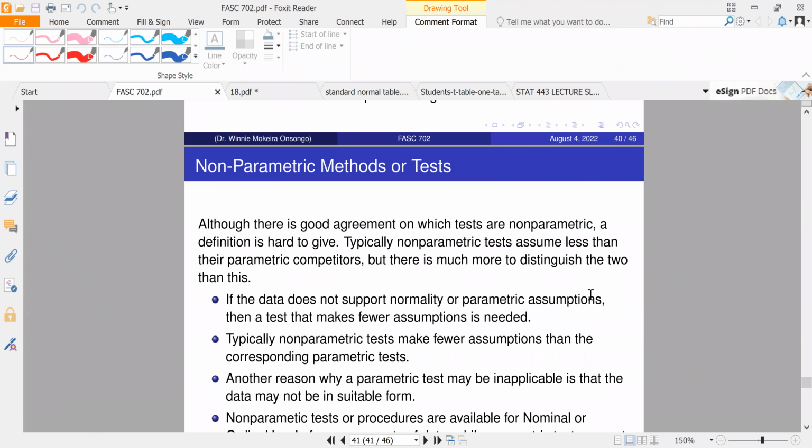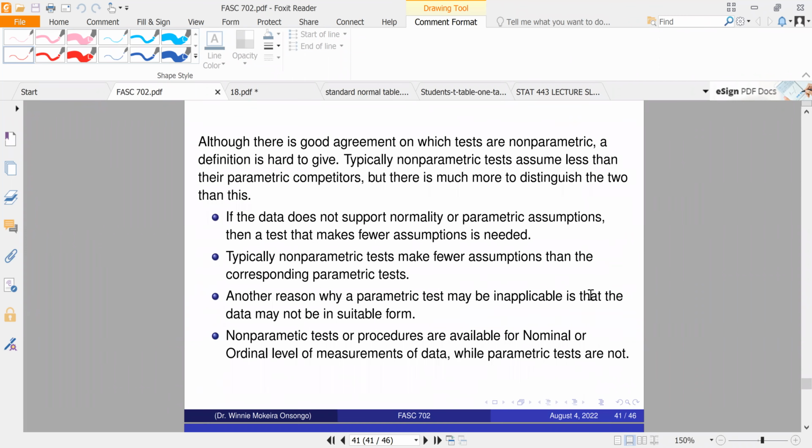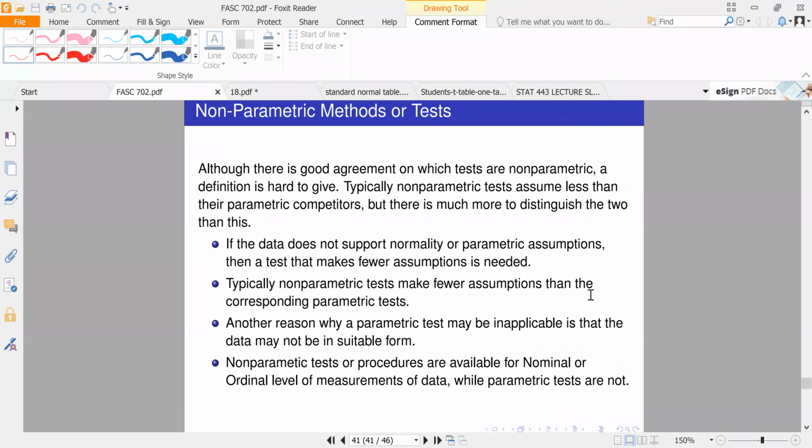So we have reasons as to why non-parametric tests are favored in the analysis of categorical data compared to the other parametric tests.